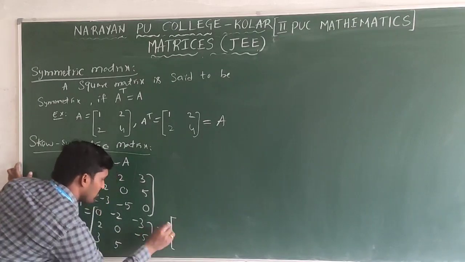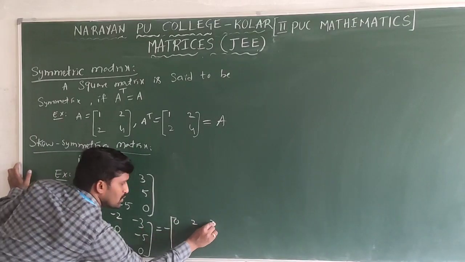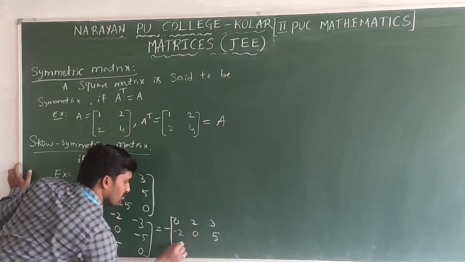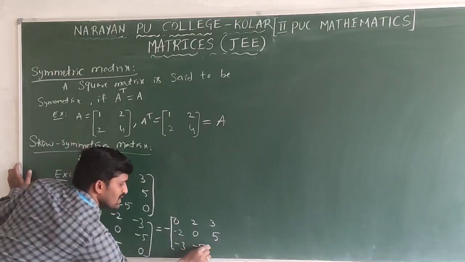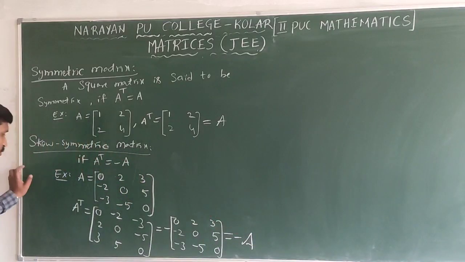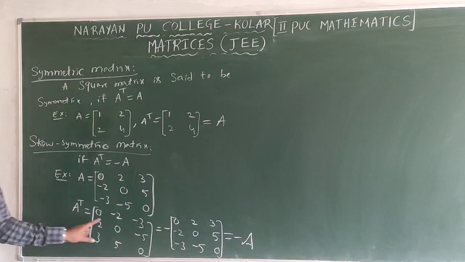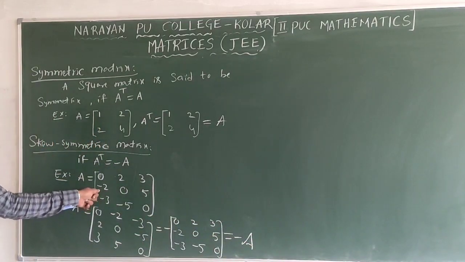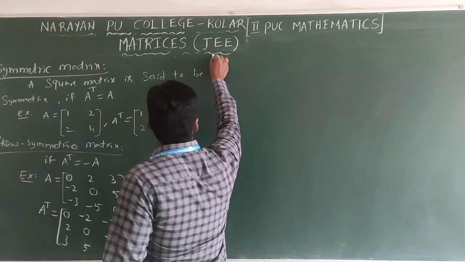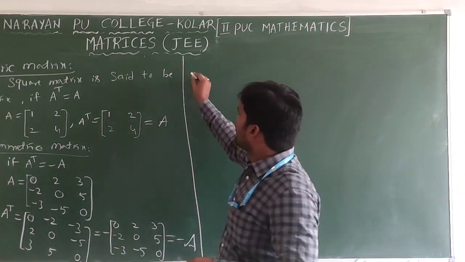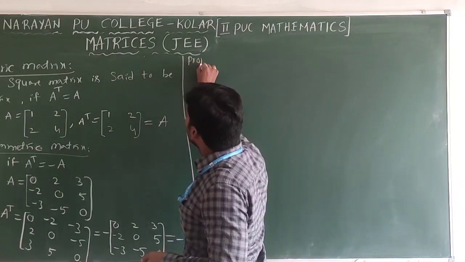If you take minus common, what will you get? 0, 2, 3, minus 2, 0, 5, minus 3, minus 5, 0. It is clearly which one? The A matrix. Total, what did you get here? A transpose equals minus A. So clearly it is which matrix? Skew-symmetric matrix.